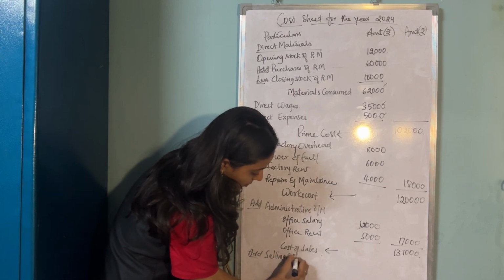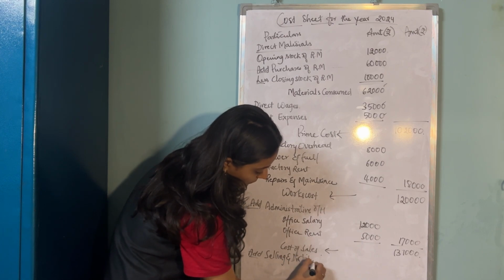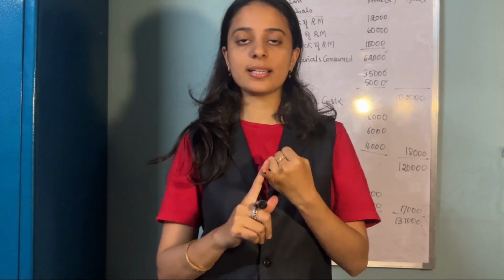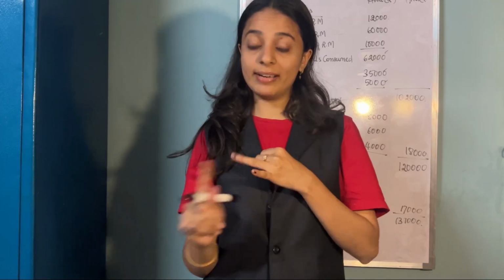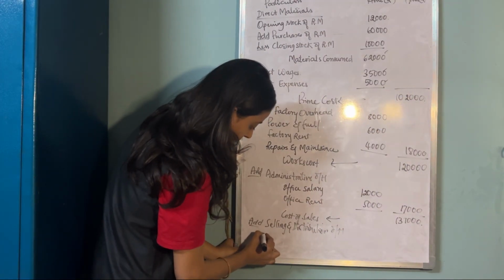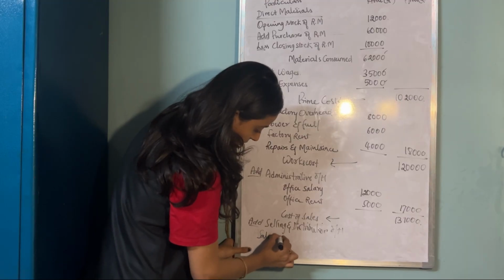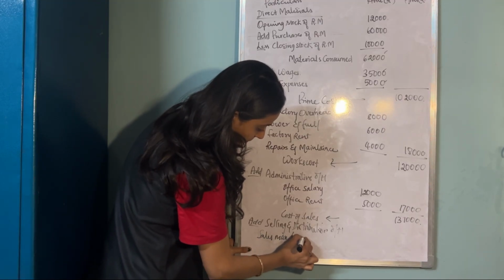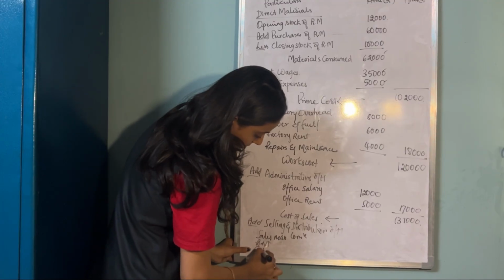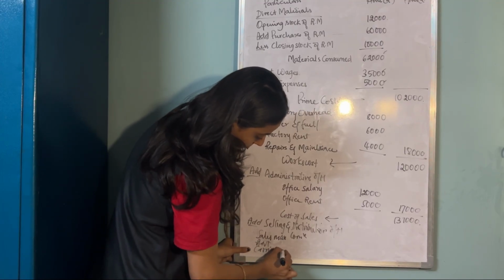Next, add selling and distribution overhead. Three categories are given, that is salesman commission, advertisement expenses, and carriage outwards. List here. Salesman commission, advertisement, and carriage outwards.